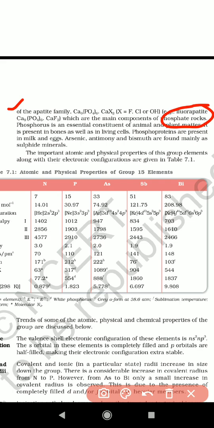Arsenic, antimony and bismuth are found mainly as sulfide minerals. The important atomic and physical properties of these group elements, along with their electronic configurations, are seen in the tabular column.